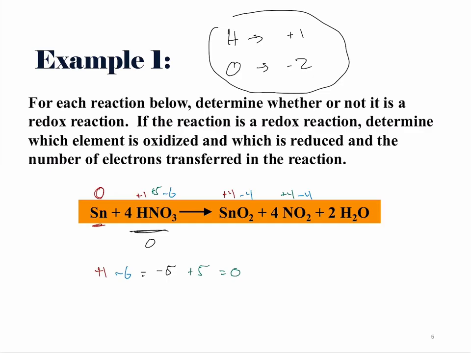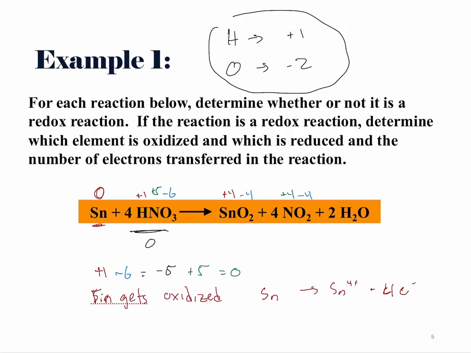Because we went from a charge of 0 to a charge of +4, which means we lost 4 electrons. So tin gets oxidized, right? So the half reaction would be tin goes to Sn4+ plus 4 e-. 4 electrons we lost on tin.